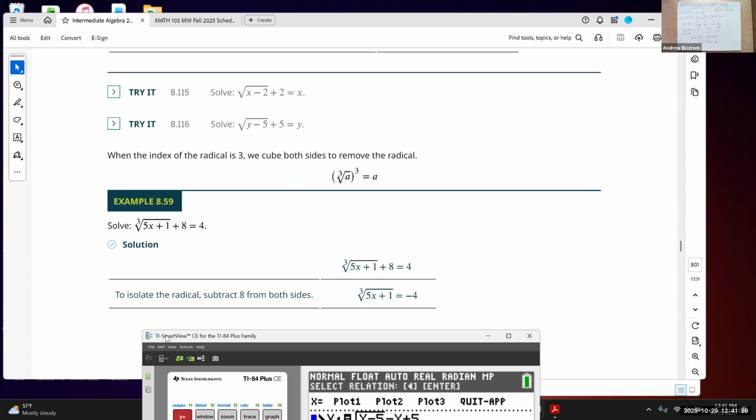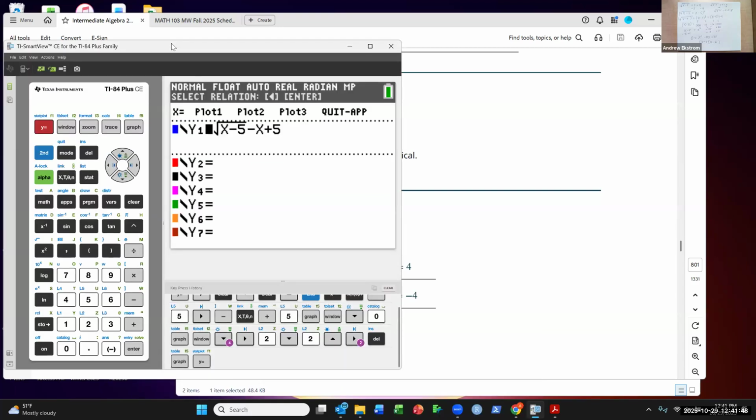If the students in that section had actually just graphed everything, they would have seen what the answers were. So knowing how to graph these can be really, really helpful because it's a lot easier to get to the right answer when you know where you're going, right?